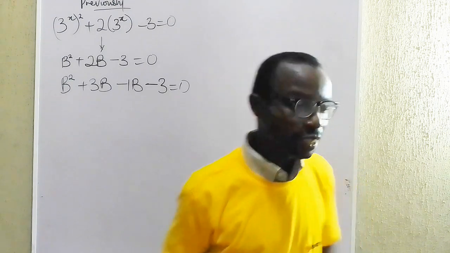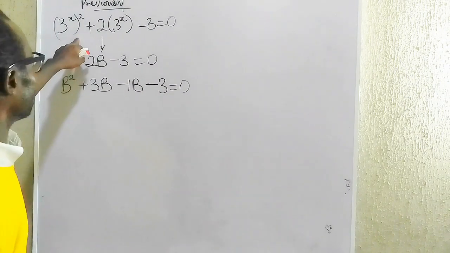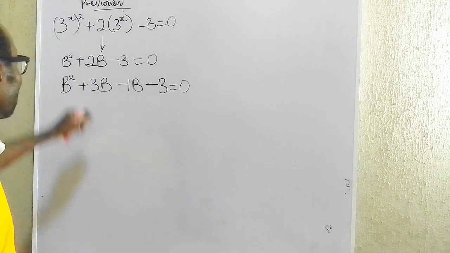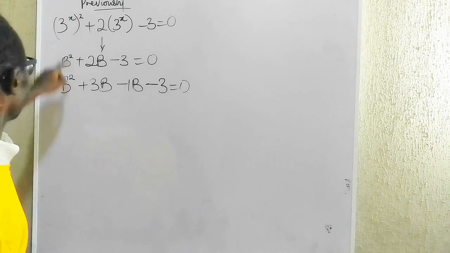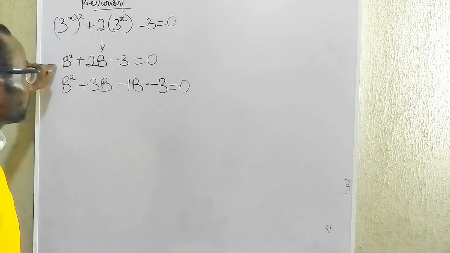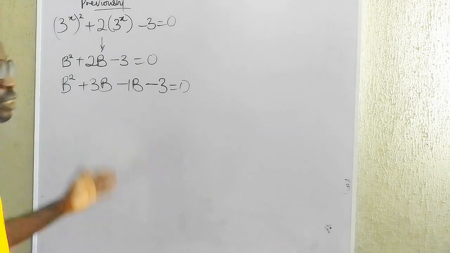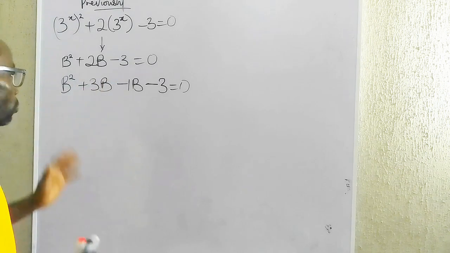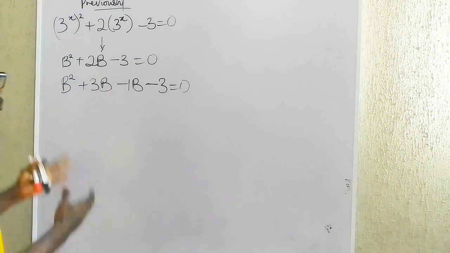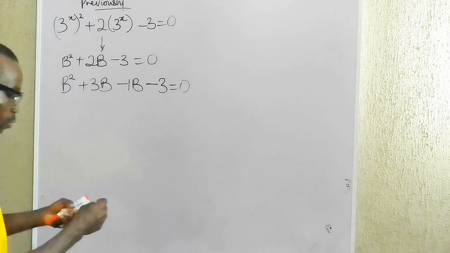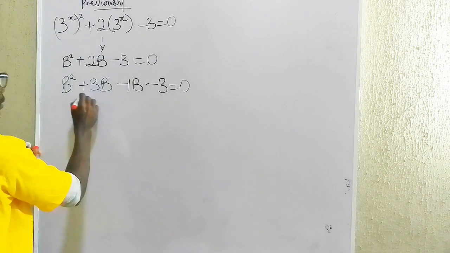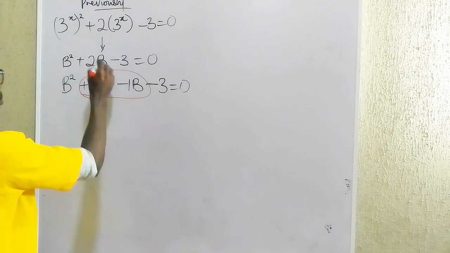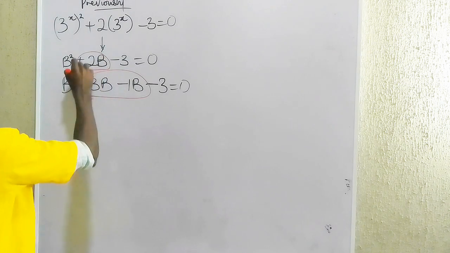Now, previously we started with this question and with an exponential equation, and then we got this quadratic equation by substituting this with b. You can choose any alphabet of your choice, and we got this very quickly. It took some time for us to arrive at this. What we did eventually was to make this represent this.